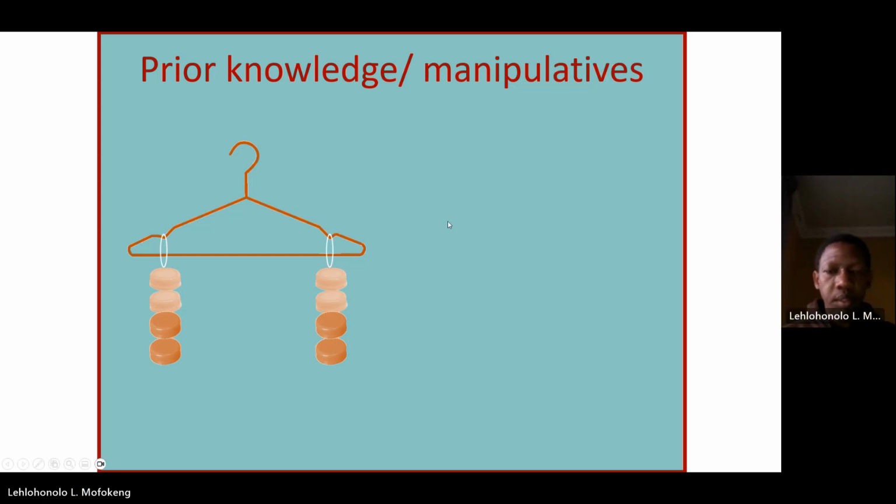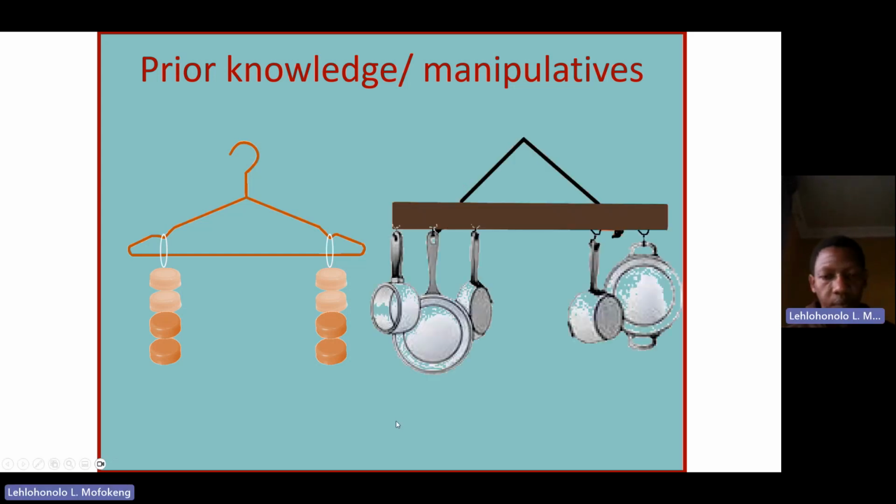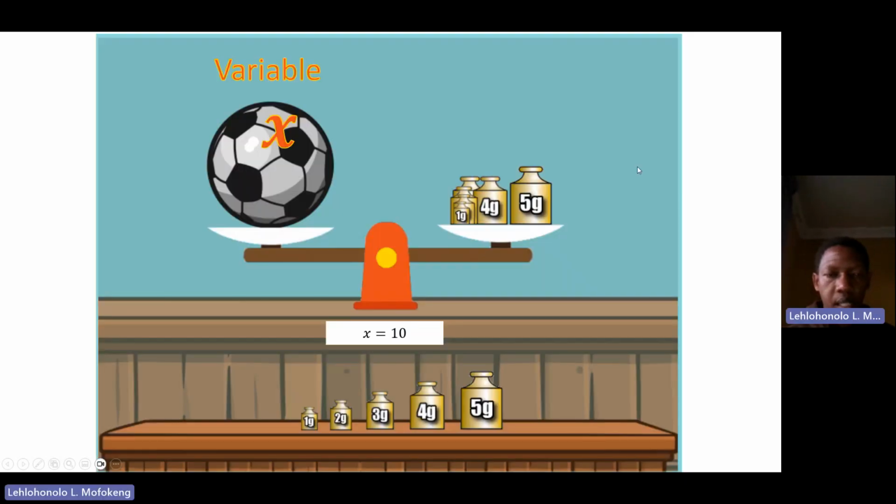Right. And then this is an example of a balance again. As you can see here, we have a variable in the form of a ball, a football. We take for granted that we don't know what is inside this ball.